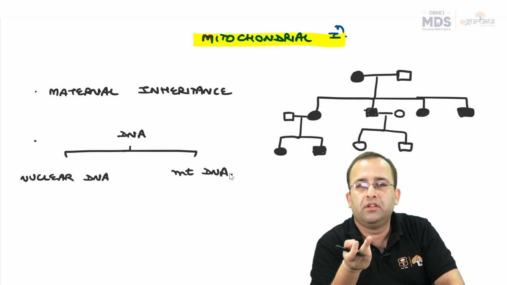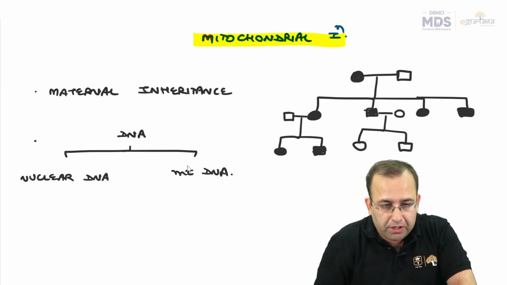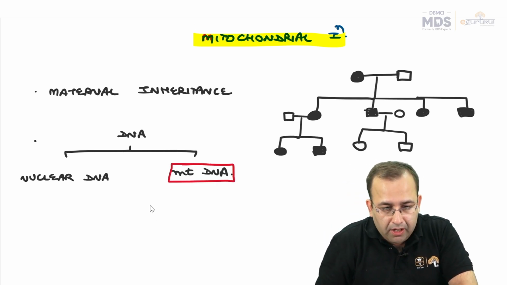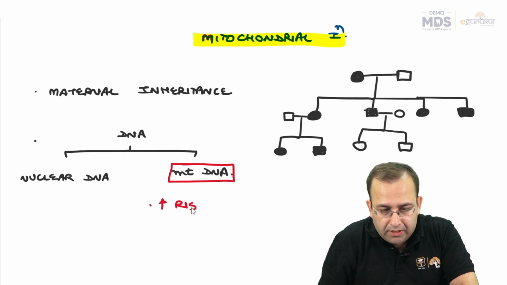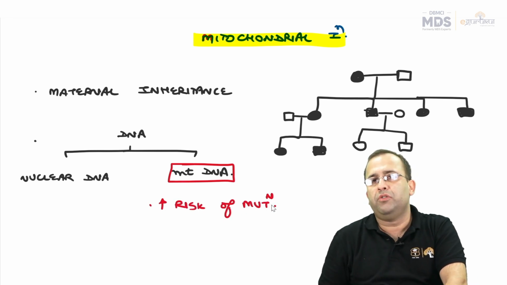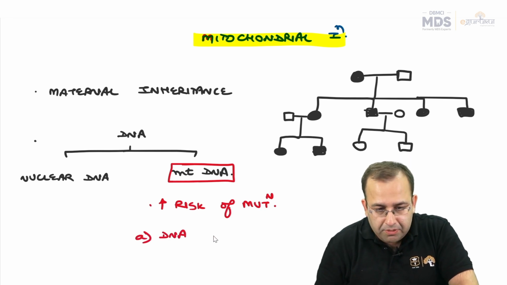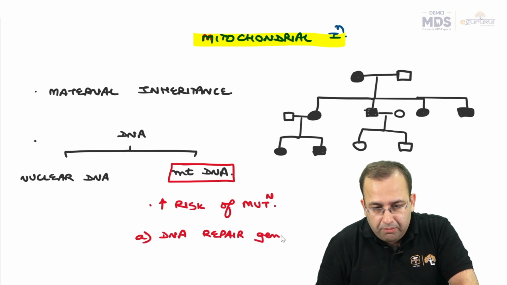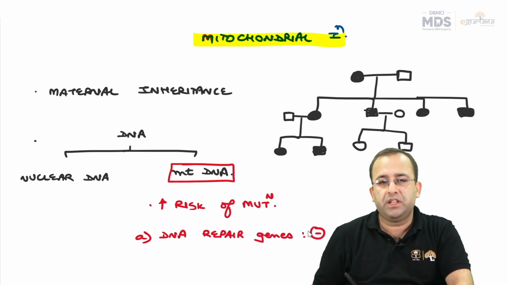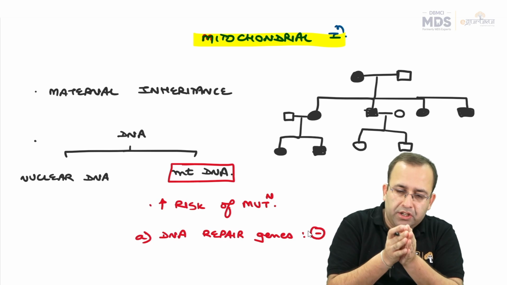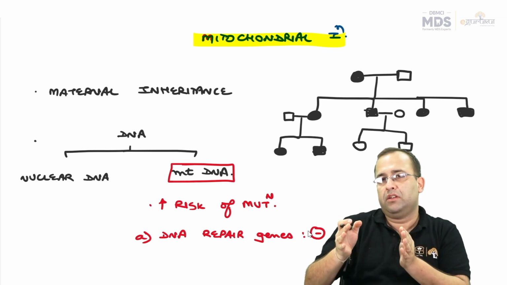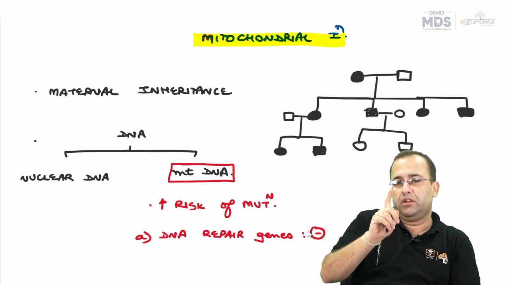Mitochondrial DNA is at increased risk of mutations. Why? Because DNA repair genes are absent. If a mutation has occurred, it will persist.